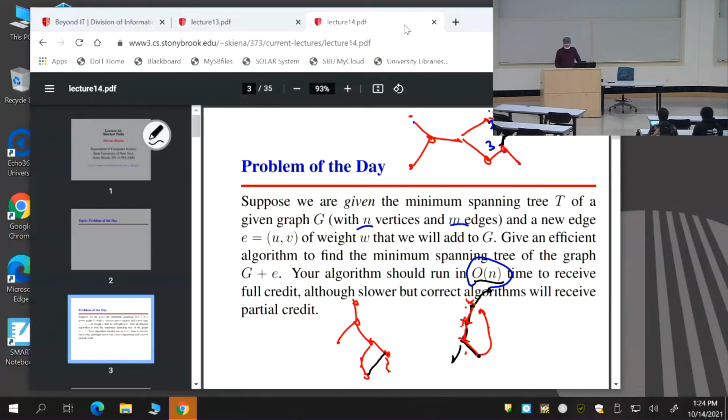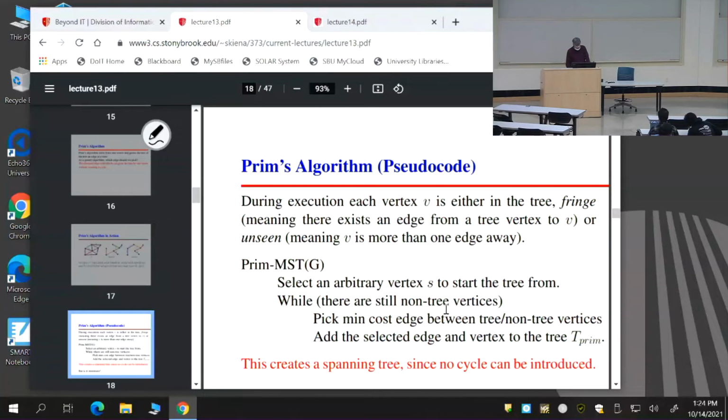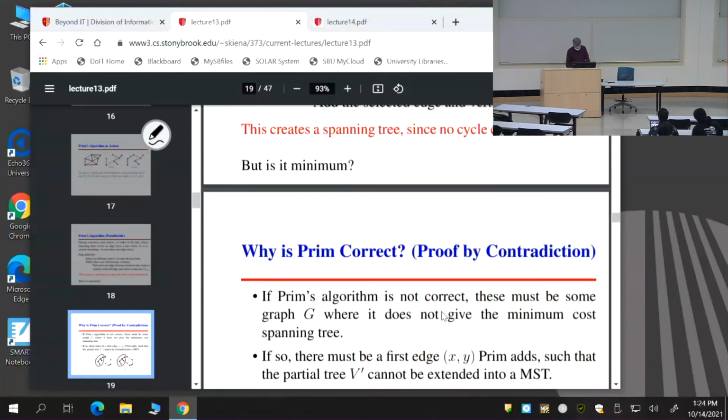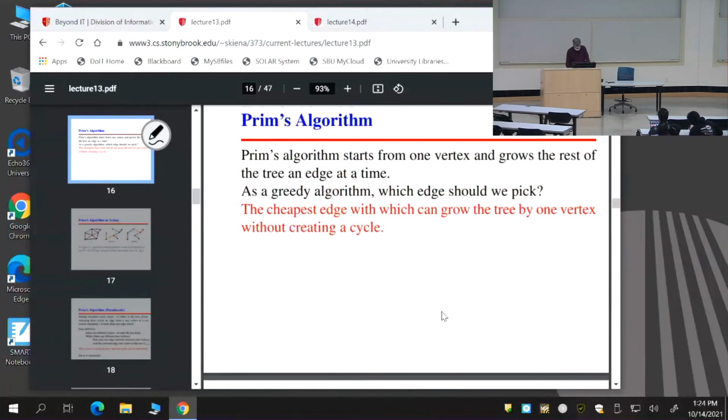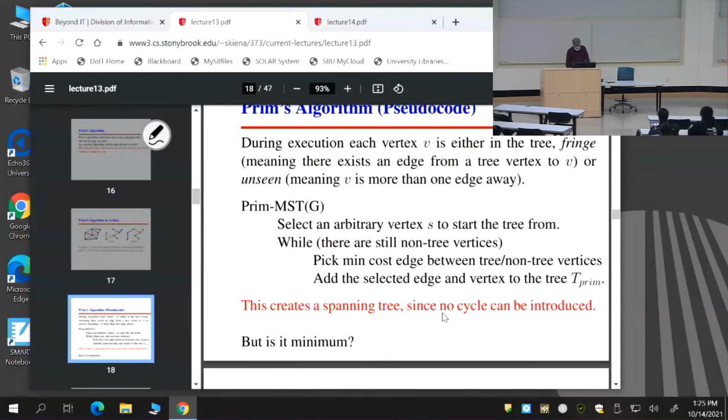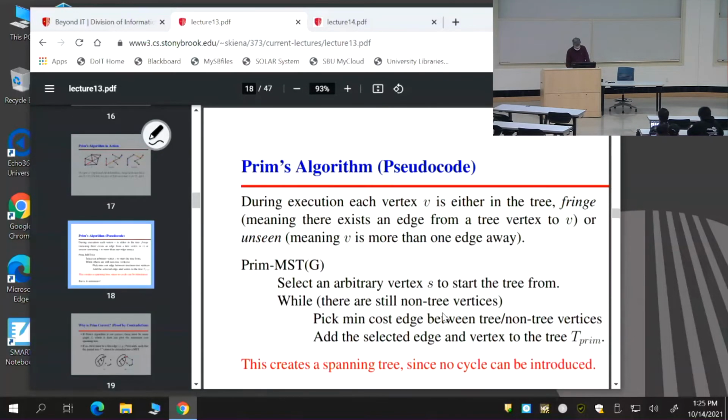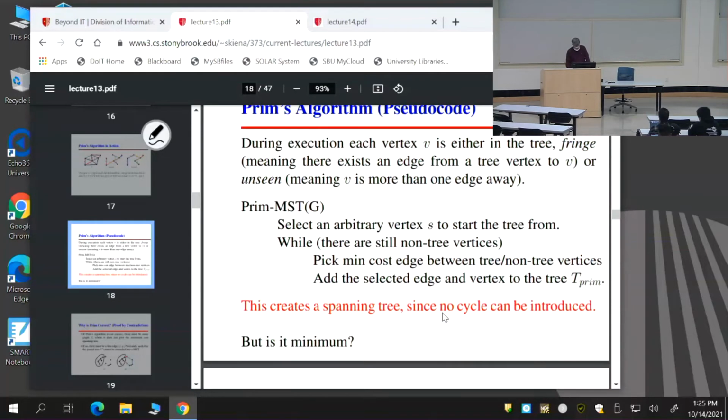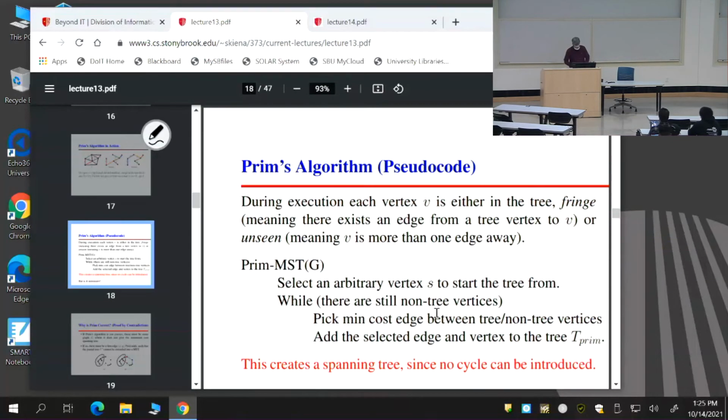Okay. The important thing is that this idea of cycles and that adding an edge to a tree creates a cycle, that was what was the crucial thing in the proof of correctness of Prim's algorithm. What was Prim's algorithm? Prim's algorithm for finding the minimum spanning tree. We took a graph. We started from some vertex t.